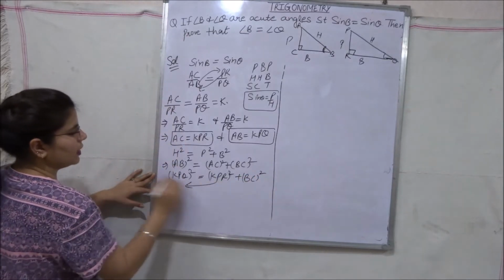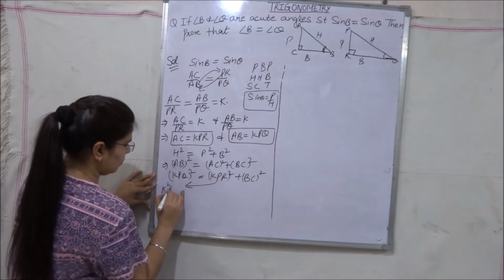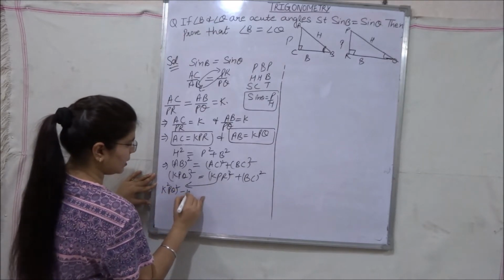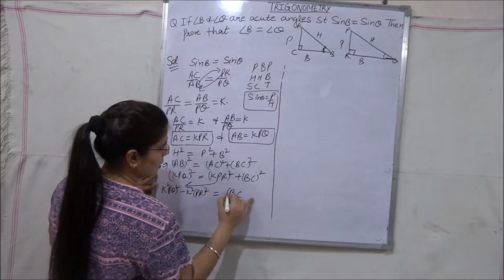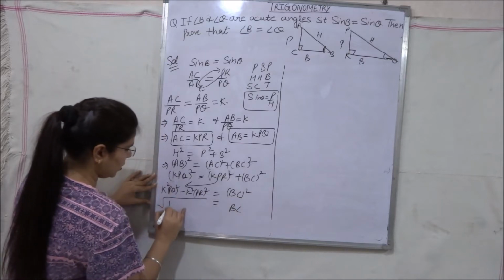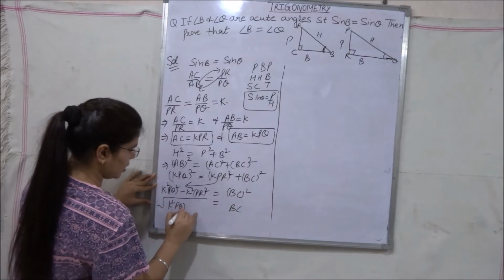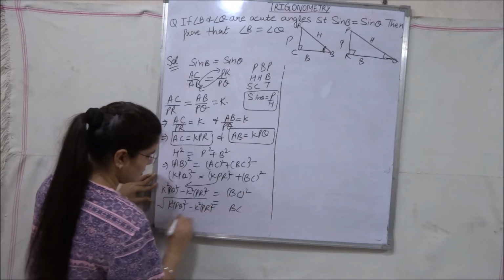Taking this to the left hand side to find the value of BC, K square PQ square minus K square PR square is equal to BC square.